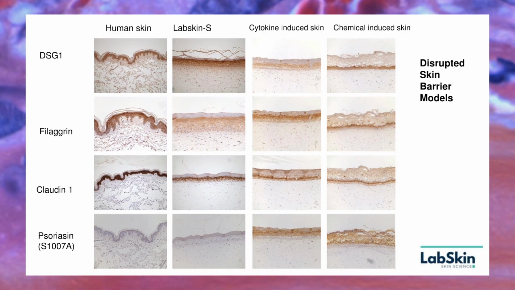We looked at the expression of key proteins in the skin barrier, so we looked at desmoglein, filaggrin and claudin, and also psoriasin, and compared the Labskin disrupted skin barrier models to ex vivo human skin and normal healthy Labskin-S. Both the disrupted barrier models showed the loss of tight cell junctions, but importantly expression of psoriasin. So we knew it could be possible to create a Labskin atopic dermatitis model.